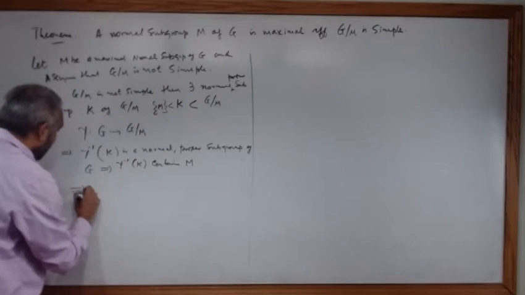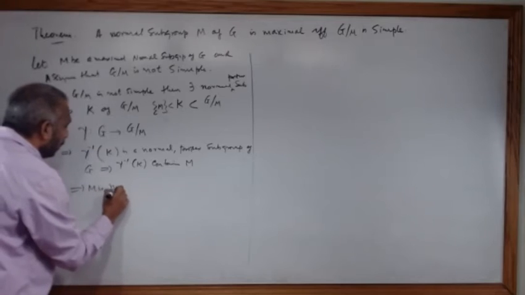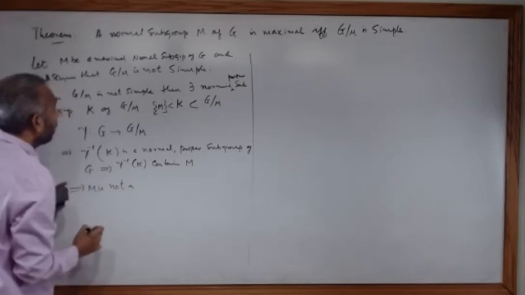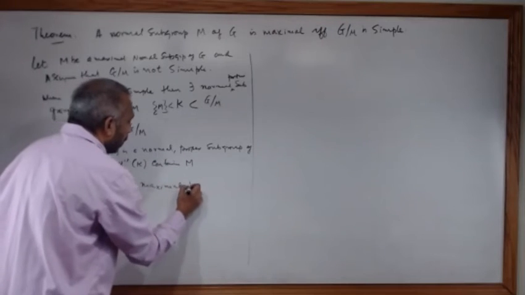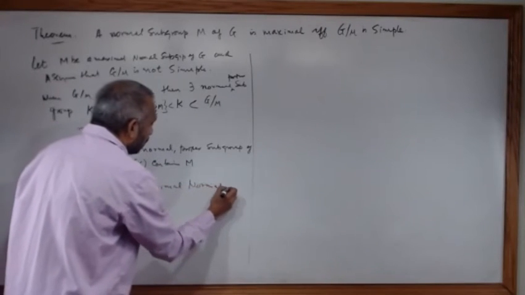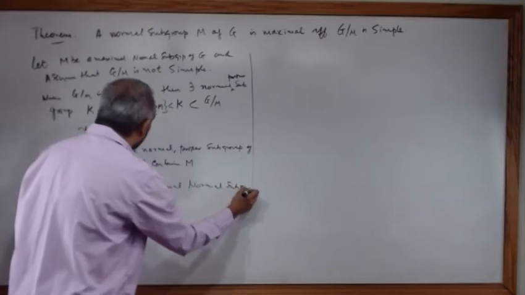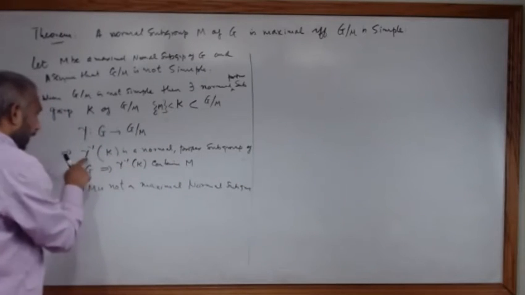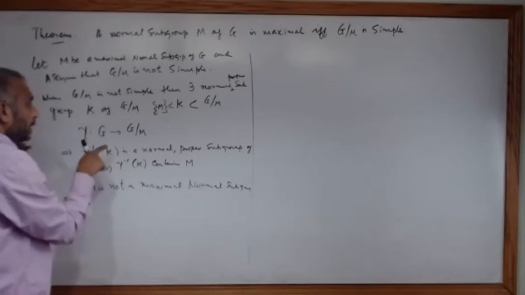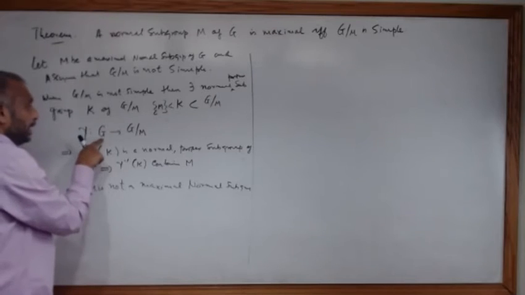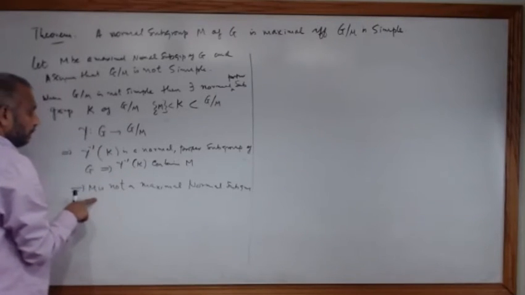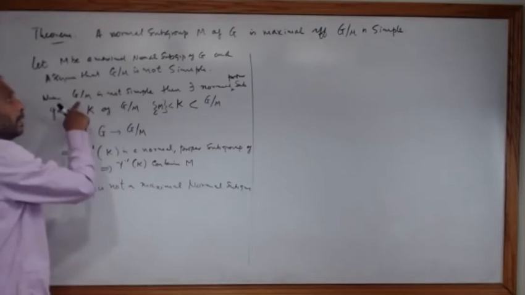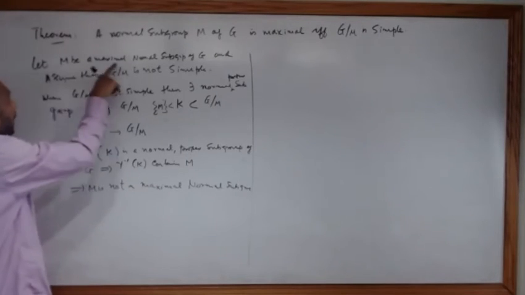That implies M is not a maximal normal subgroup. Gamma inverse of K is a normal subgroup of G containing M, which is not possible because M is already a maximal normal subgroup.